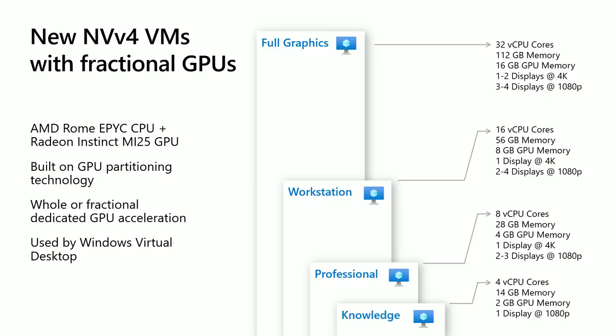And that's what we're able to do now with this AMD Radeon Instinct MI25 GPU. This GPU has 16 gig of RAM on it, but we can carve it up into fractions, down to 8 gigabytes, 4 gigabytes, even 2 gigabytes.